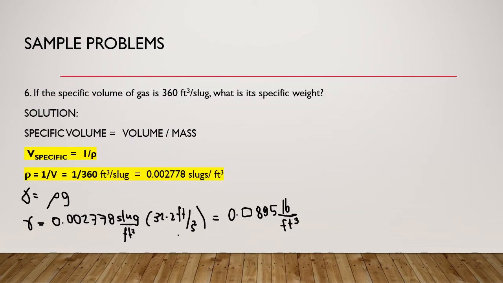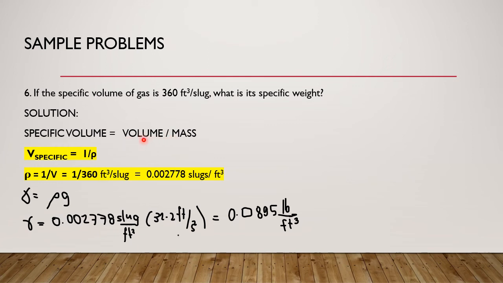Sample 6, if the specific volume of a gas is 360 cubic feet per slug, what is the specific weight? Specific volume nga po pala ay volume over mass. Anong napapansin nyo? Parang binaliktad lang yung rho, mass over volume yung rho natin. So, ang specific volume po pala ay 1 over rho, parang reciprocal lang nung mass density.